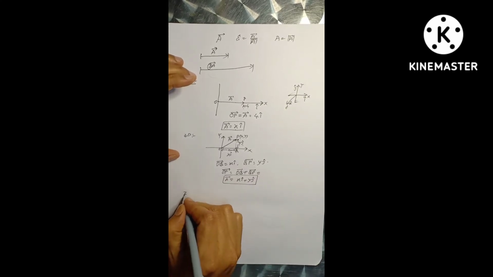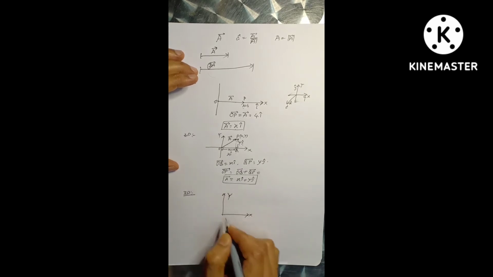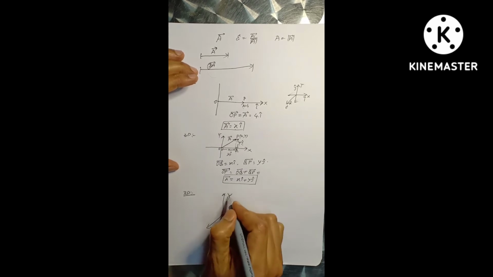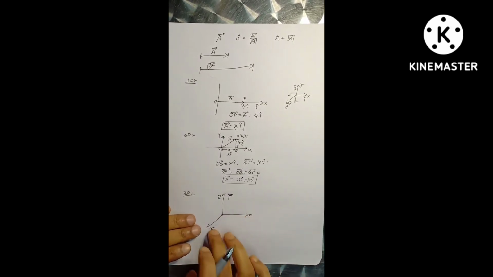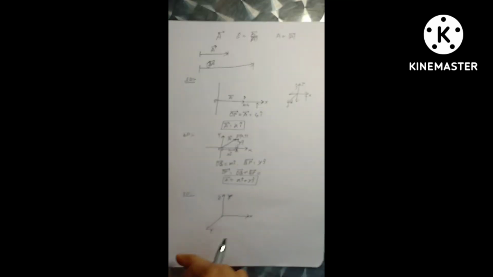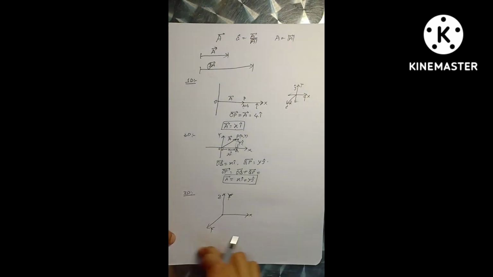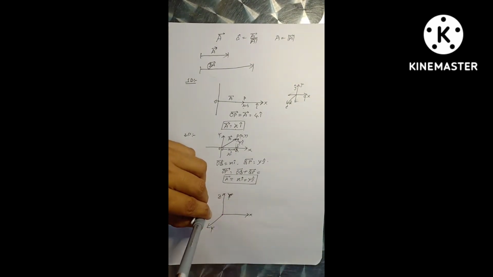In the three-dimensional representation, we have the x-axis, y and z. This xy is on the plane of the paper along x and y, and the z direction is perpendicular to the plane of the paper.